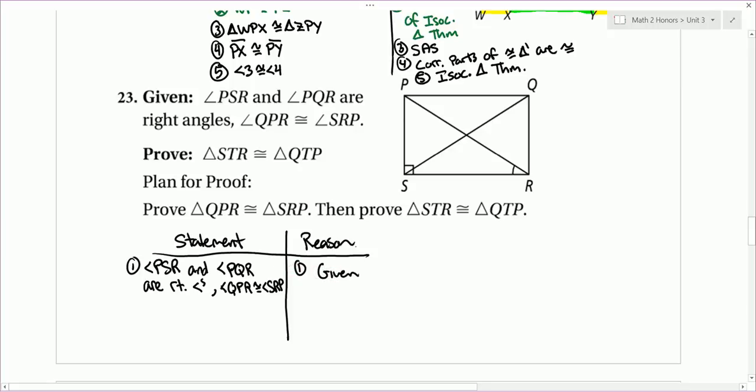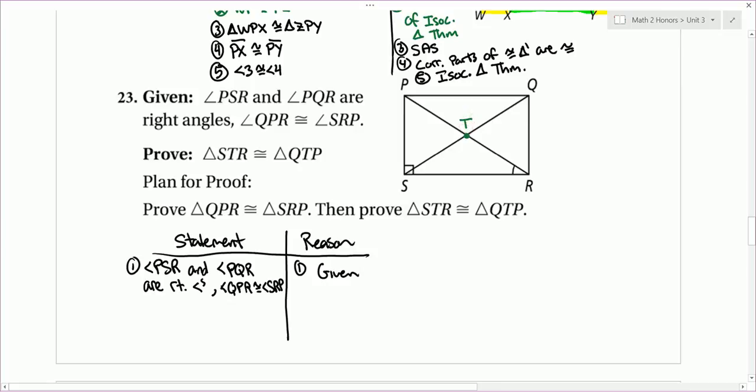We want to prove that triangle STR, I'm going to outline this. And I don't see a T on here, so I'm going to assume T is dead center here, okay?